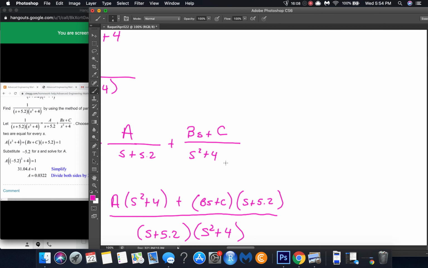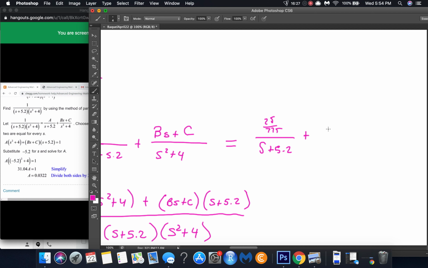So now we say, okay, this is equal to a, which was 25 over 776, over s plus 5.2, and then plus b, which was negative 25 over 776, s plus c, which was 65 over 388, over s squared plus 4.